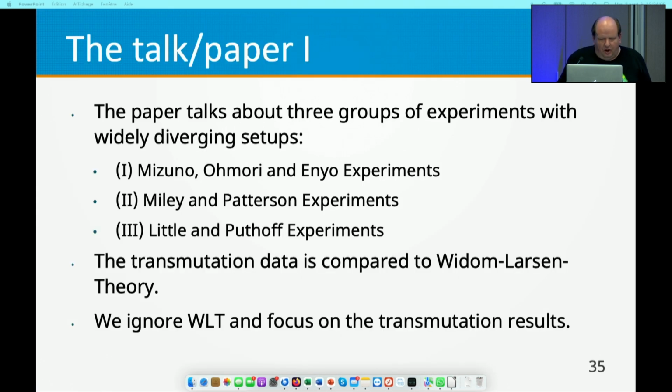So, part 3. Now we come to actually the paper. The paper talks about 3 groups of experiments with diverging setups, and the transmutation data in there is compared to Widom-Larsen theory. But we ignore Widom-Larsen theory here, and we just focus on the transmutation results.